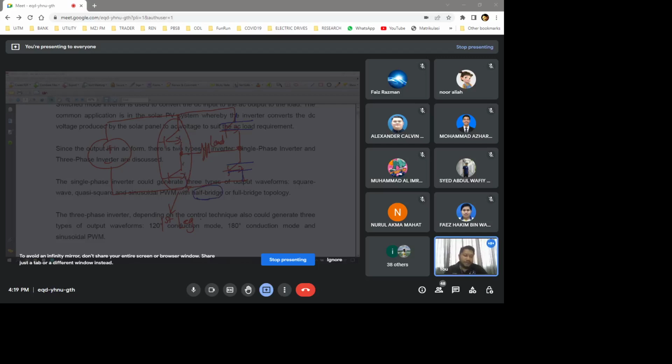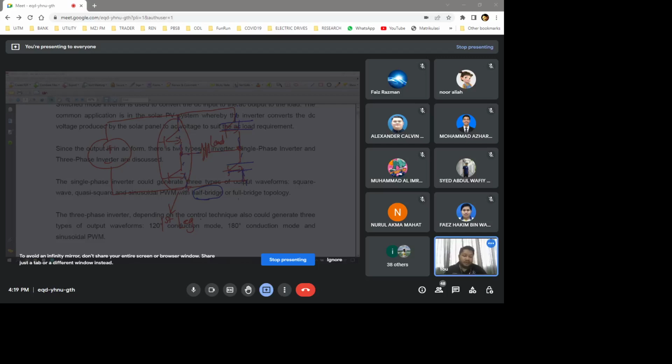We have a bridge here, so for half of the bridge we use the active switches, two switches here, and the other is replaced by a capacitor.